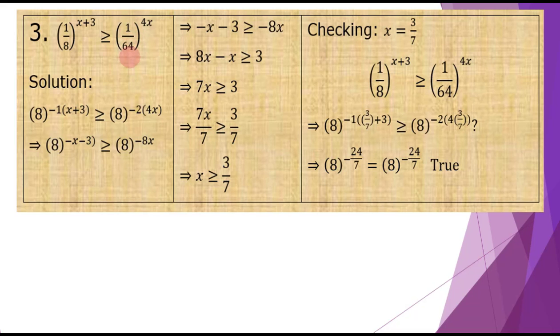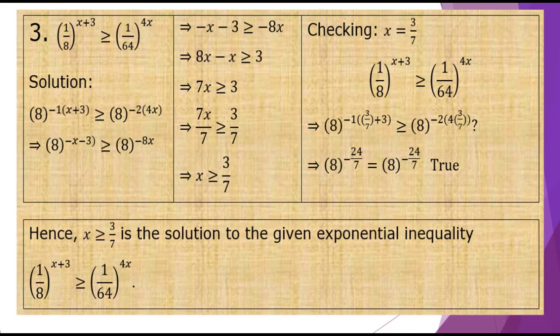In this case, it's 1 over 8 raised to 2 times 4 times 1. That's 8. So we have a true statement. Hence, our solution for this inequality is x must be greater than or equal to 3 sevenths.